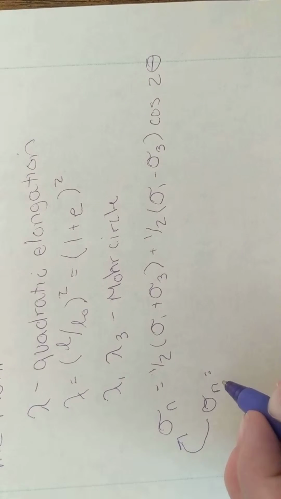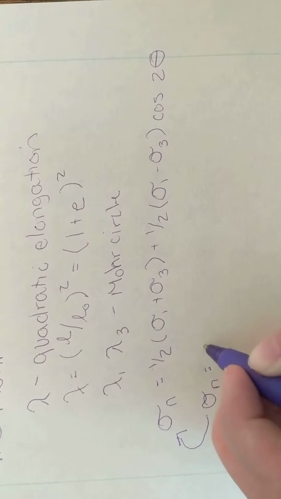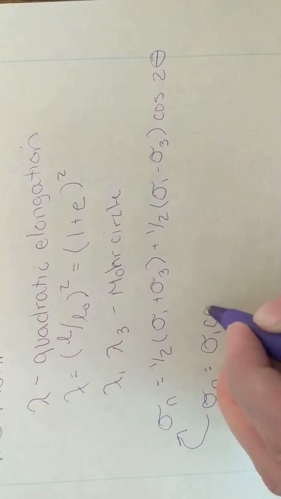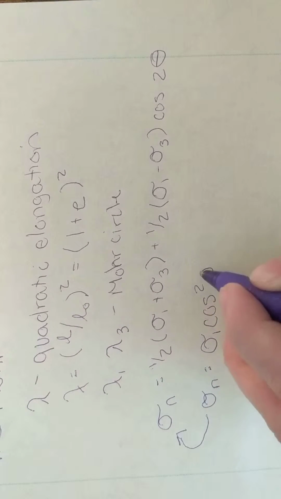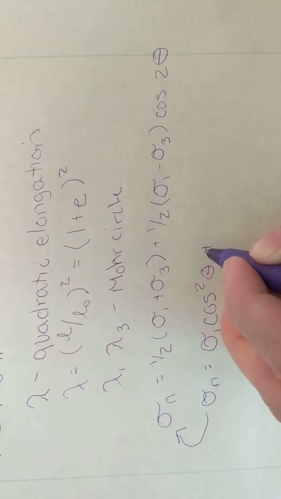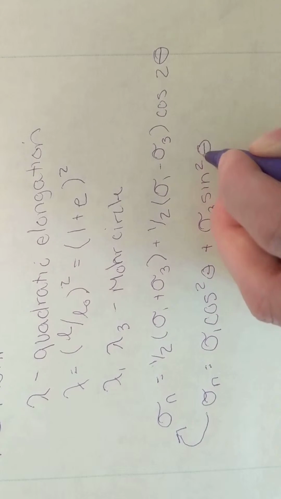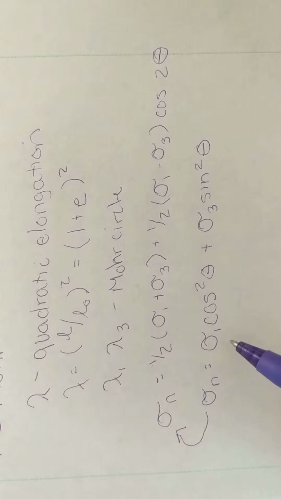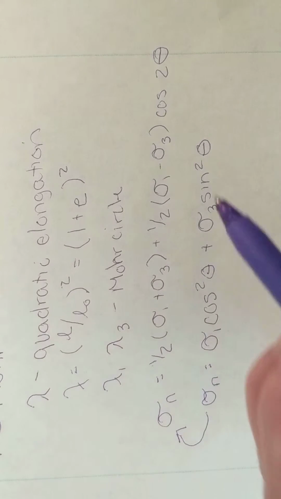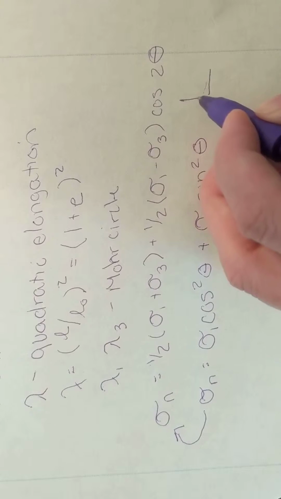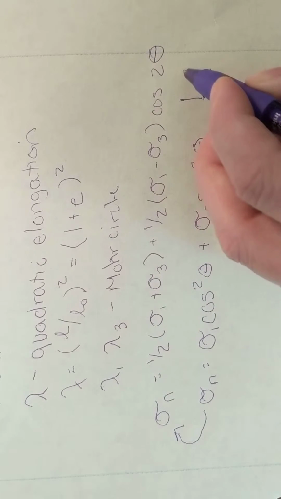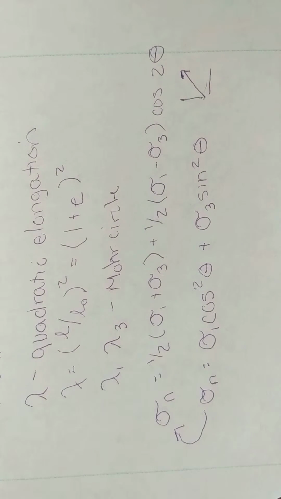So originally we have our sigma n, which we take our sigma 1, multiply it by cosine squared theta. Then we have our sigma 3 multiplied by our sine squared theta. Again, remember, this is taking two different angles like this, combining them together so they are in one vector.